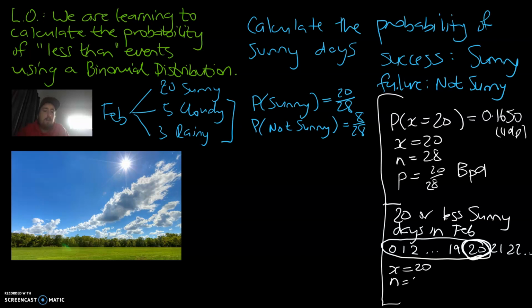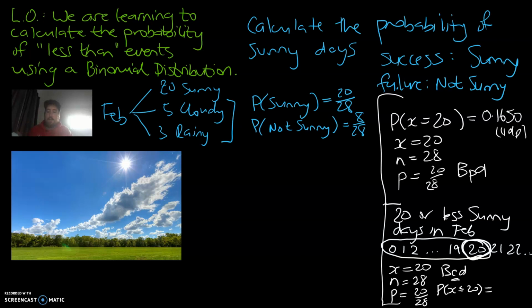The number of trials is still 28 because there are 28 days in February. And the probability of a sunny day is unchanged. You'll notice these calculator inputs are exactly the same as above. The only difference is we now use the BCD mode, where we accumulate the probability of 0, 1, 2, 3, 4, 5, all the way up to 20 sunny days to get the probability of 20 or less sunny days in a given month.